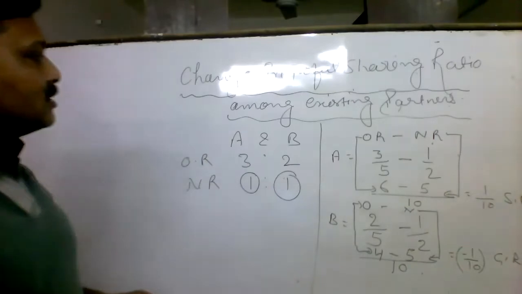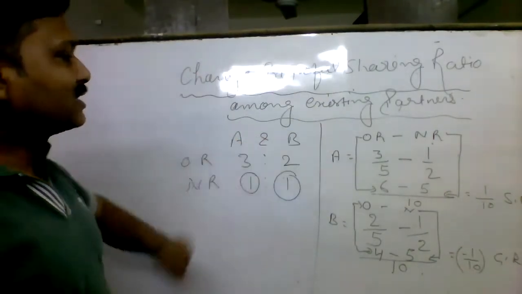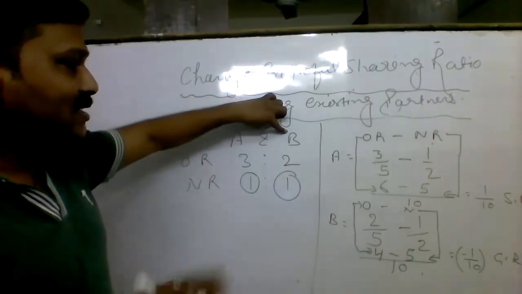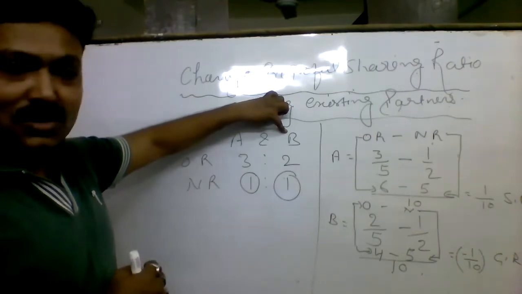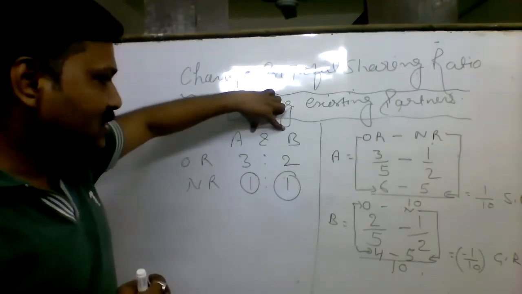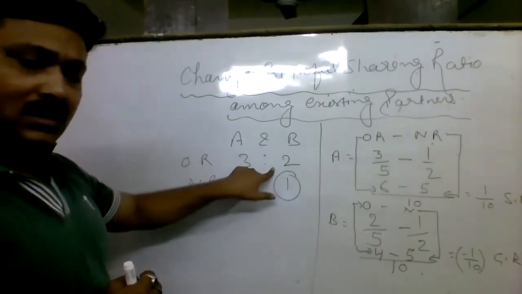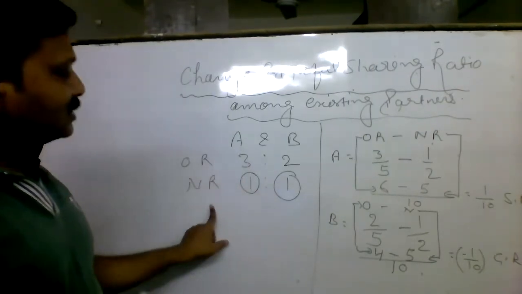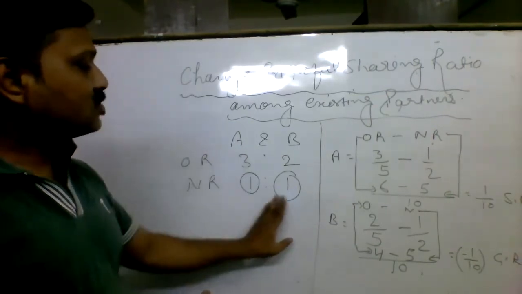So here, students, we can see the change in profit sharing ratio among existing partners. Existing means A and B. There is no involvement of any additional or new partner. Only A and B are the partners here. They were sharing 3:2, and after the change in agreement they have decided to share equally, meaning 1:1.